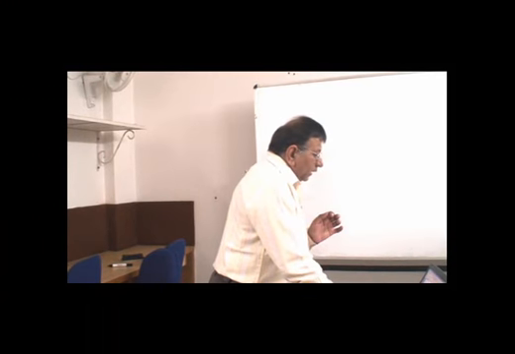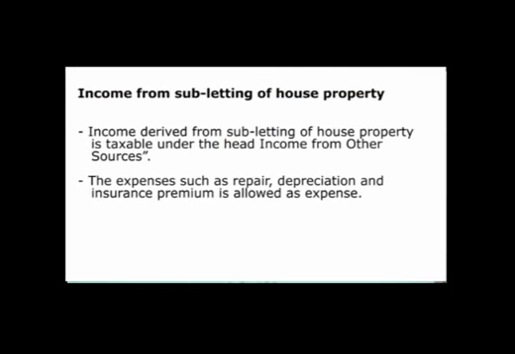Now the last type of income is the income from subletting of house property. Generally, the income which is derived from the letting of house property is liable to be taxed under income from house property. This is a separate head out of the 5 heads which I have explained to you. This is the second head, income from house property. So if an individual is deriving any income from the house, naturally it would be taxed under this head.